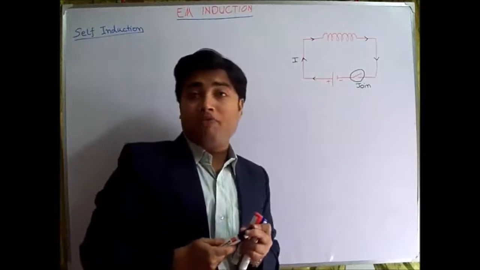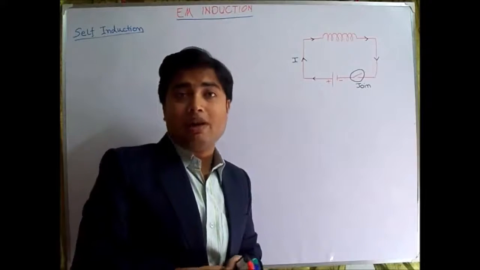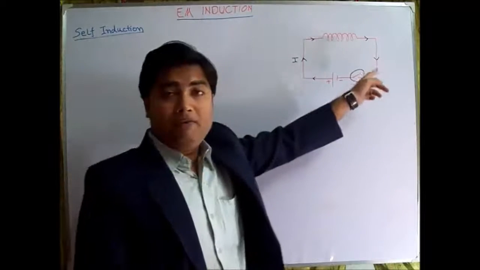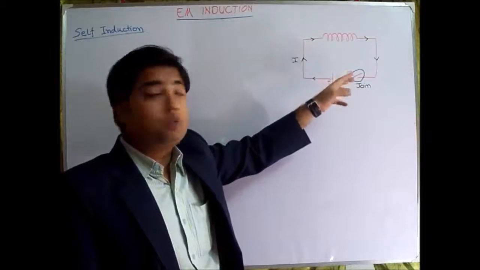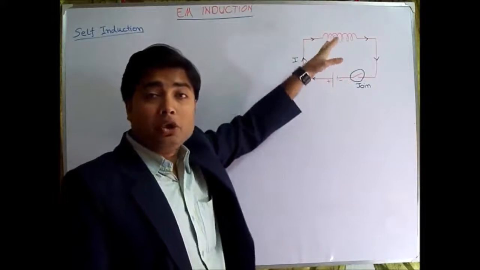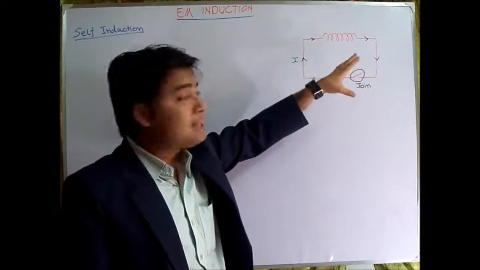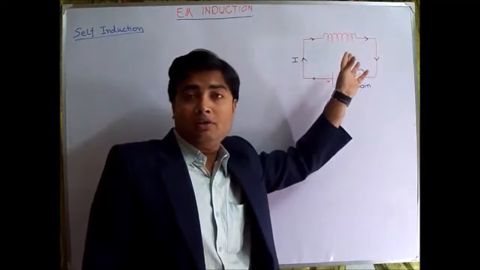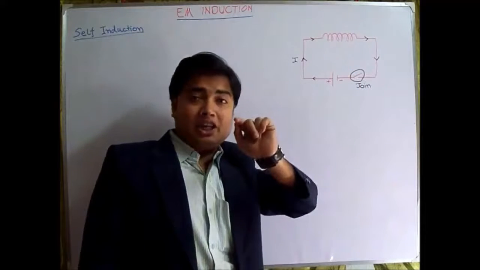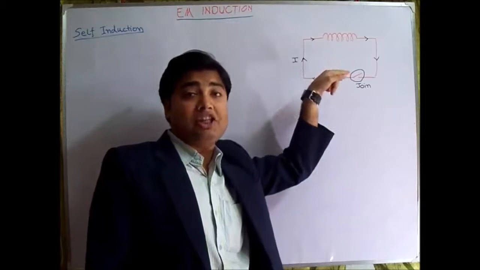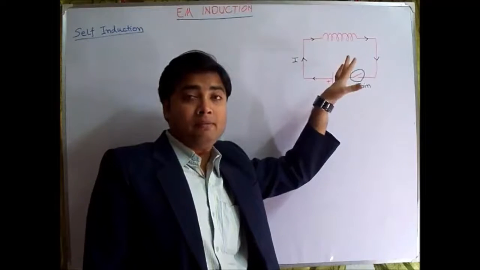Now as per Faraday's law and Lenz's law, the current flowing over here will produce a magnetic flux, and due to the production of the magnetic flux, an induced EMF will occur. The direction of that induced EMF will be such that it opposes the change that is producing it.